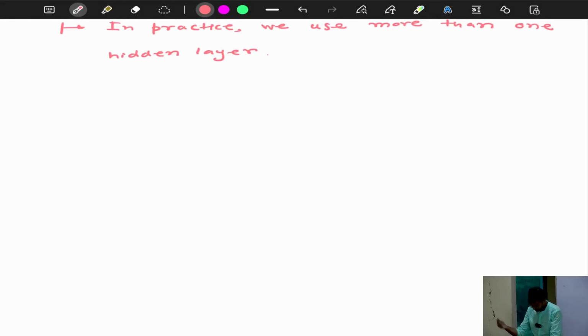Let me draw again the same thing, but with more than one hidden layer. So, maybe two hidden layers. We have our x1, x2, xk, and then the hidden nodes. Now, I have to use different notation. So, h11, h12, h1p.